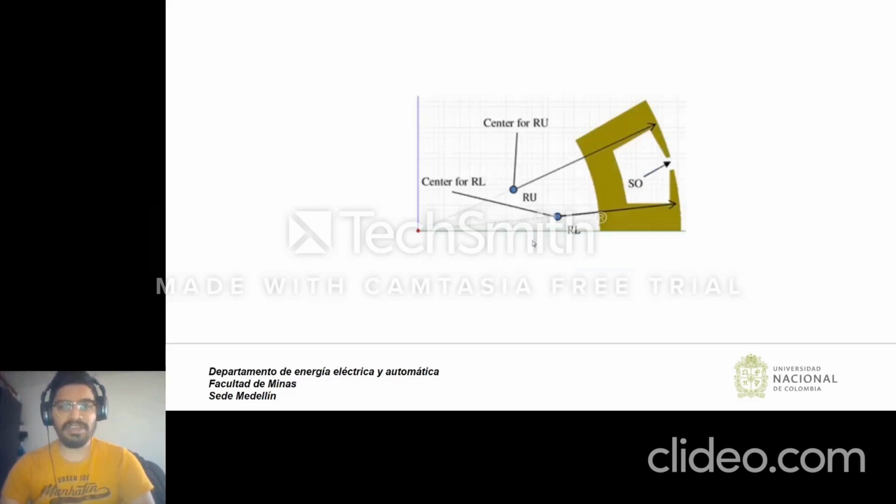It is possible to see in this figure that RO and RL are the radius of the top and bottom teeth, respectively. For a uniform air gap, both RO and RL would have the same radius as the outer radius of the rotor, but the top.